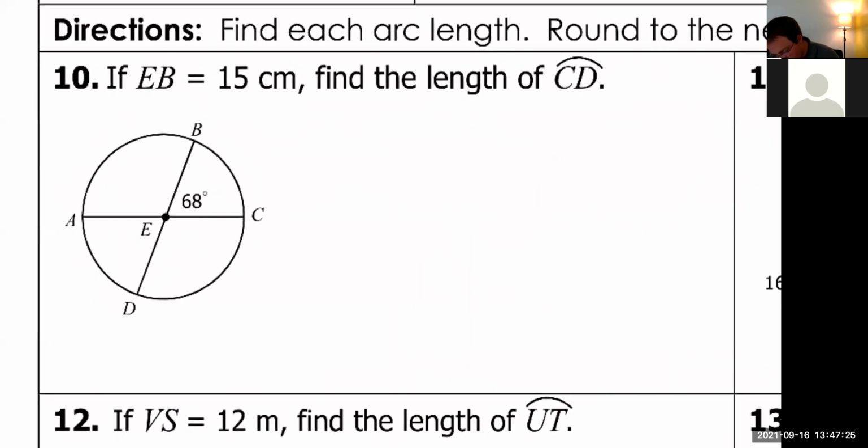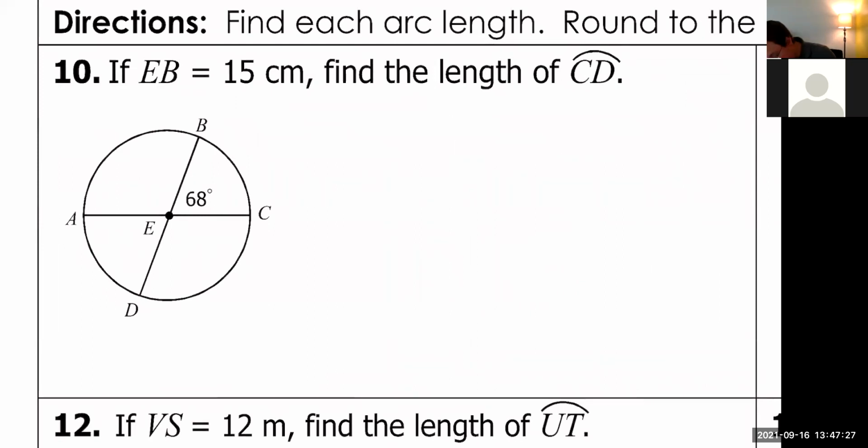First example here says if EB, which is a radius, is 15 centimeters, find the length of arc CD. So we're looking for this arc right here. Okay. Well, let's make sure we have our measurements. First off, let's go ahead and calculate our circumference.